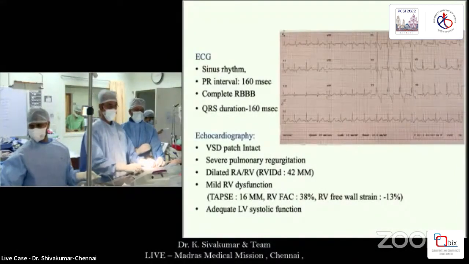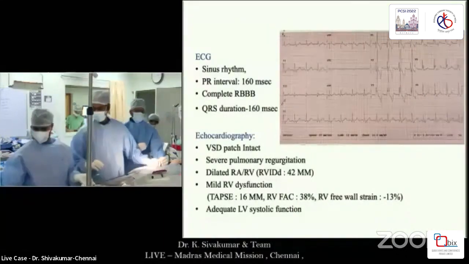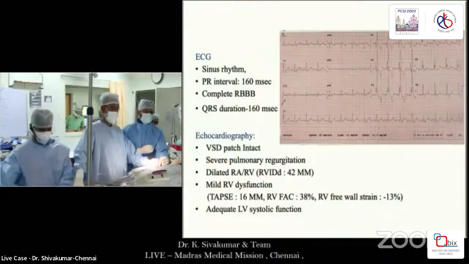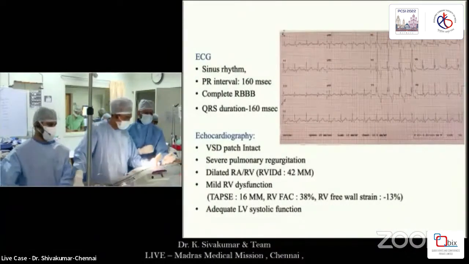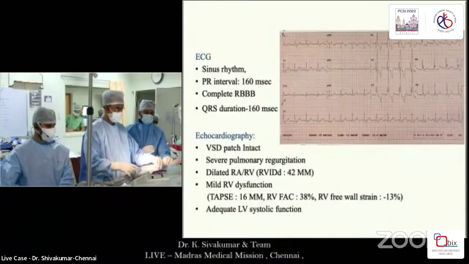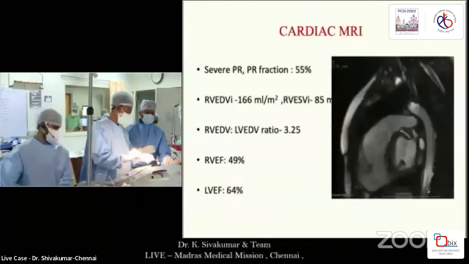This is his current ECG, which shows sinus rhythm, normal PR interval, and complete RBBB, QRS duration of 160 milliseconds. Echo showed intact VSD patch, severe PR, dilated RA-RV with mild RV dysfunction, and adequate LV systolic function.